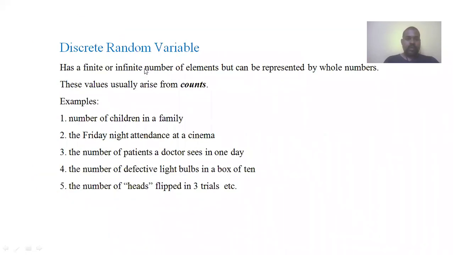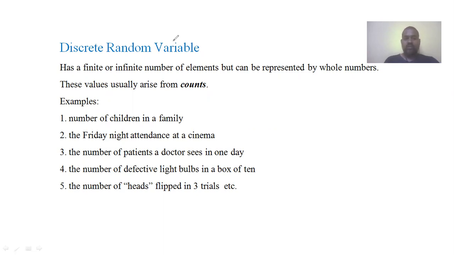There are two types of random variables. One is the discrete random variable, another is the continuous random variable. In a discrete random variable, the variable has a finite or infinite number of elements, but it can be represented by whole numbers; usually those values are countable.